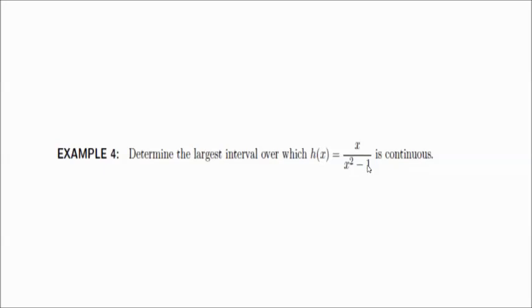Di ba? 1 minus 1 is 0. Ngayon, kailan ba mag-1 ito? Kapag 1 yung x, 1 squared. Di ba? Or ano pa yung isa? Negative 1 squared is also 1. Okay, so ibig sabihin yung interval nito class, pwede nyong sabihin all real numbers except for negative 1 and 1.